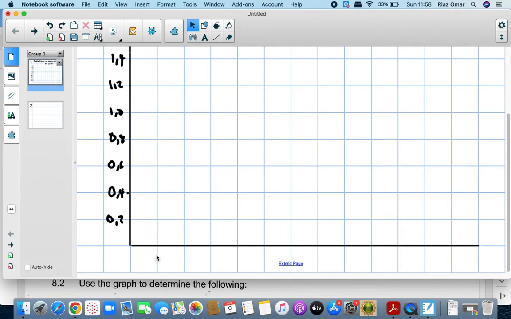Okay, let's just make our values here. This will be in milliamperes, so this will be 50.